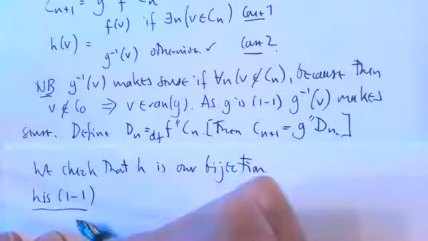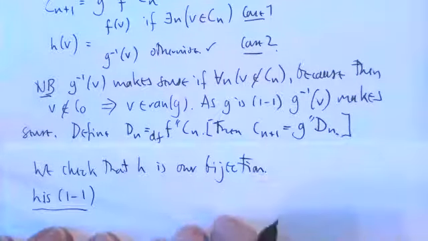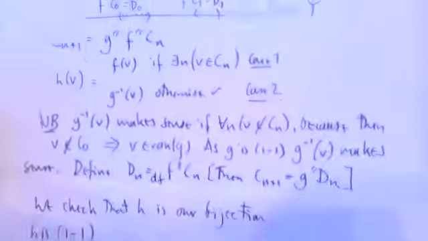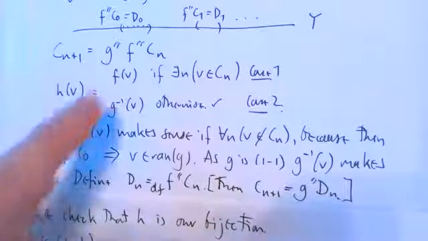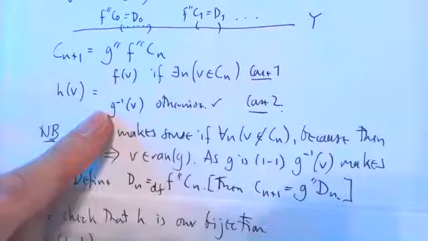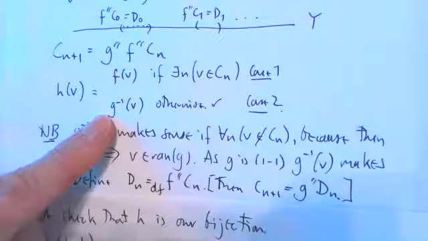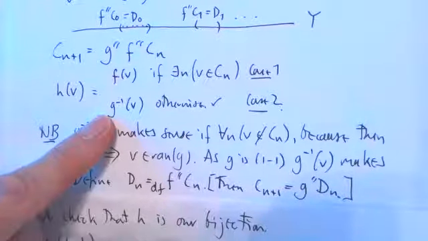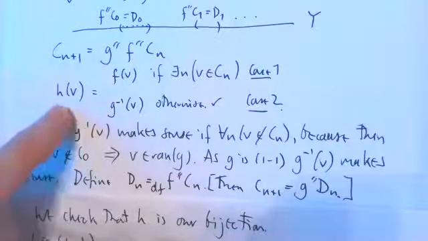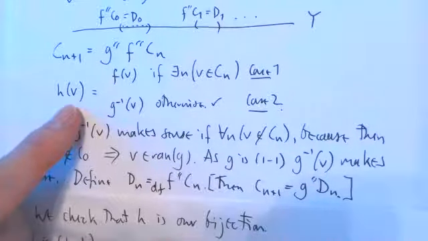It's the first thing to check. H is defined by these two clauses. Both f and g are one-to-one functions. Suppose I picked two things that I'm going to apply h to, u and v. So the worry is that h of u might end up equaling h of v if it was not one-to-one.